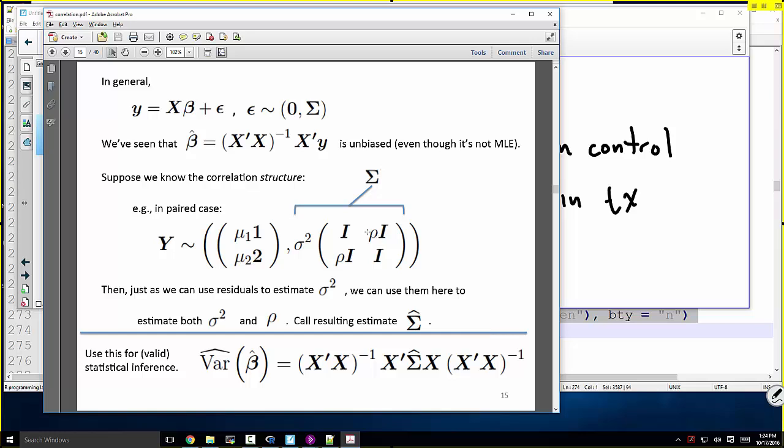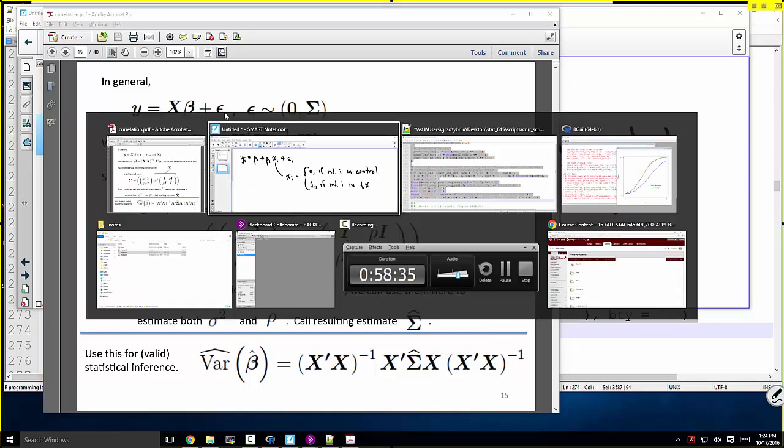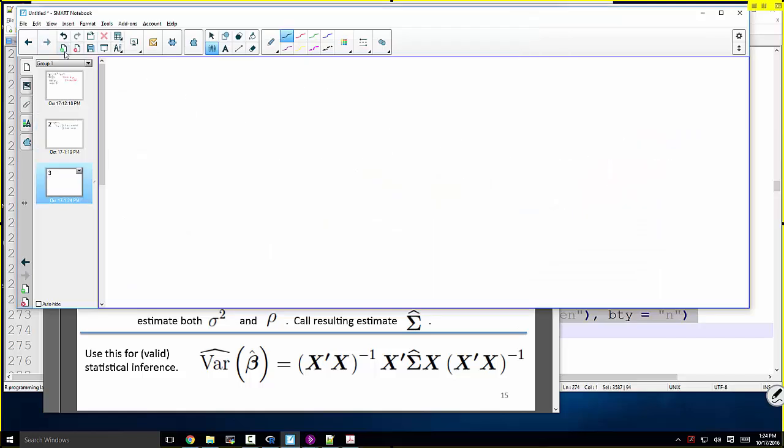Let me draw this briefly. Paired case. Let's say we have y1, y2, up to y n over 2.